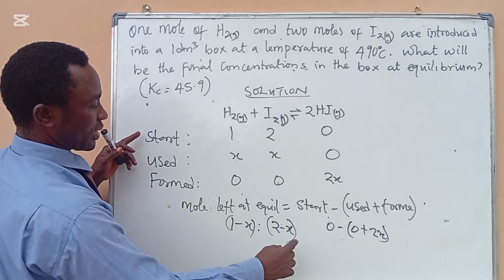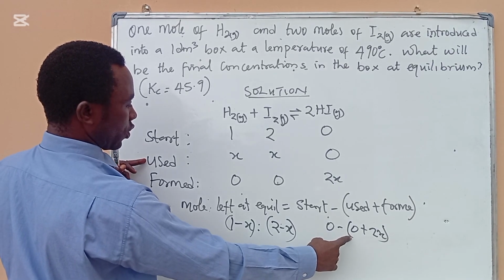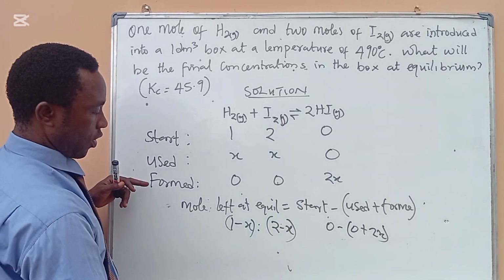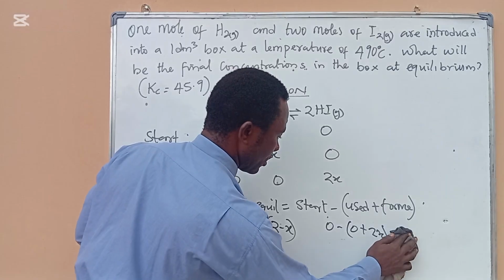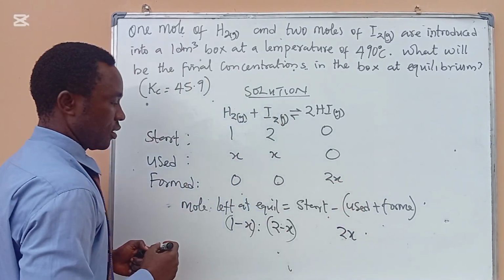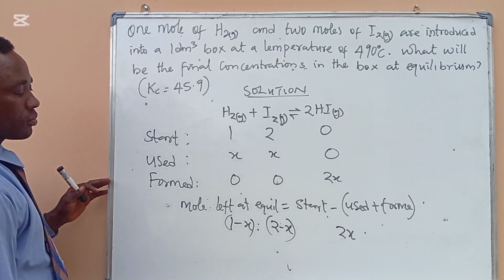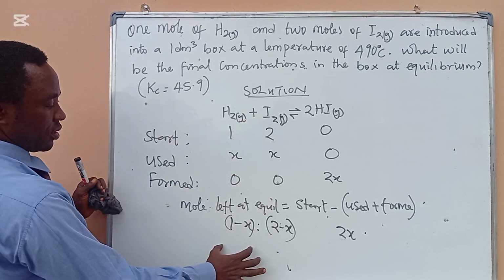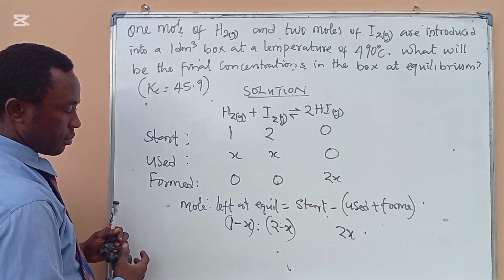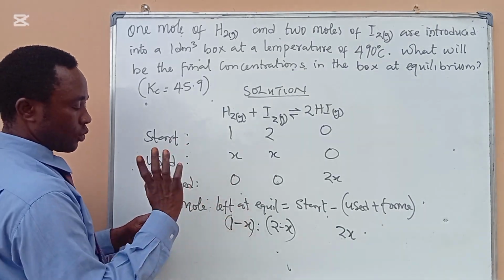So we are talking about start minus used plus formed, and what we have here is 2X. Now, we have gotten the mole left at equilibrium.